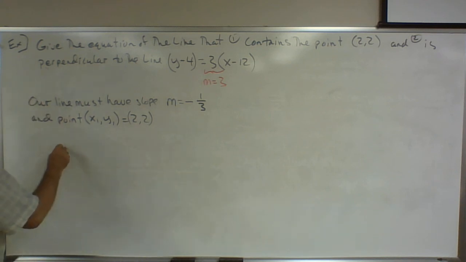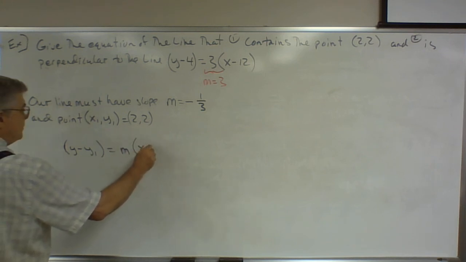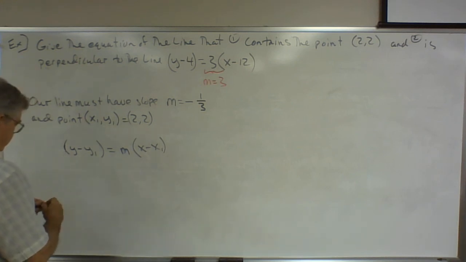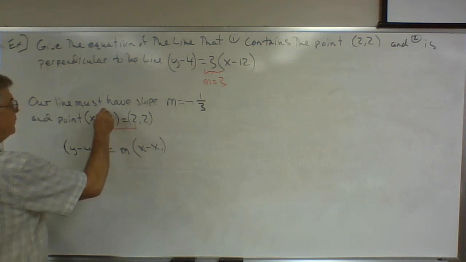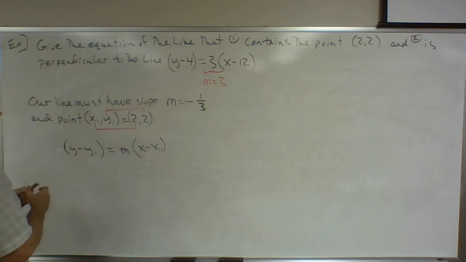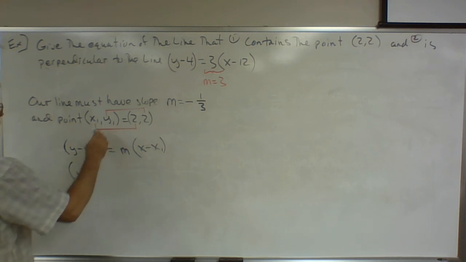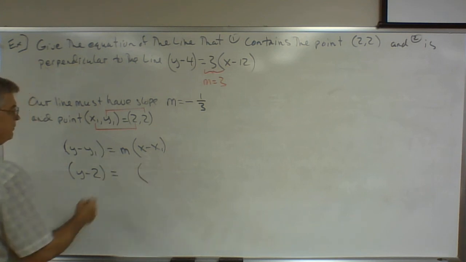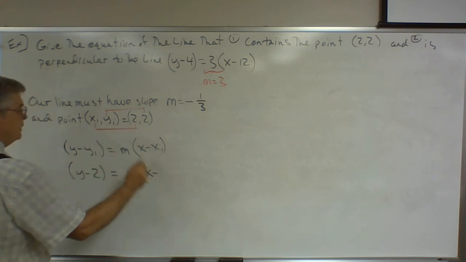So we want y minus y1 equals m(x minus x1). x1 is 2, y1 is 2. Oh, this is going to be easy. y minus y1, that's y minus 2, equals m, we'll come back to this later, times x minus x1, x1 is 2.